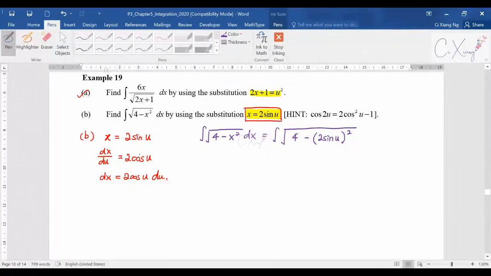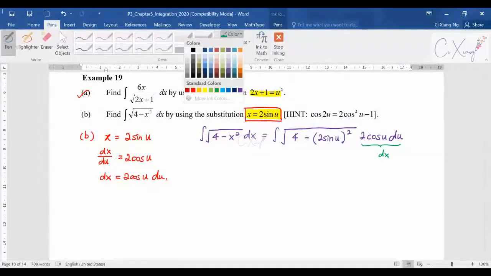What is equivalent to dx? From the differentiation just now, dx is equals to 2 cos u du. So you can put in here 2 cos u du. This whole thing is your dx. All the substitutions you can get from the steps that you did just now.